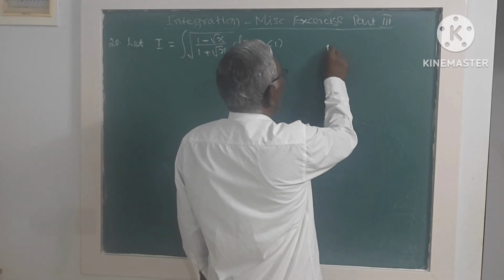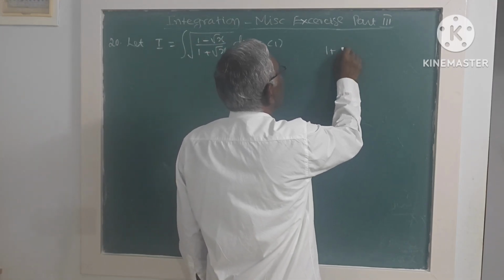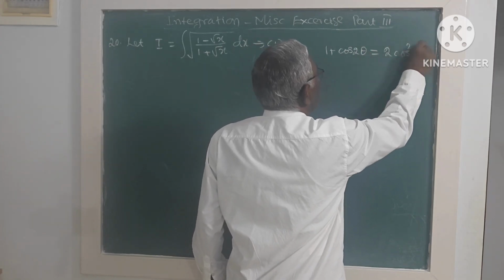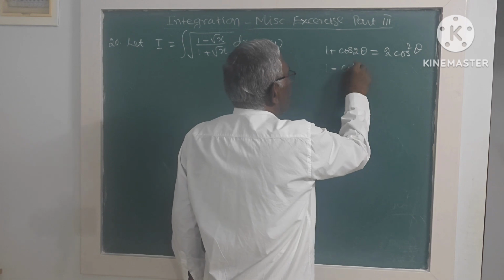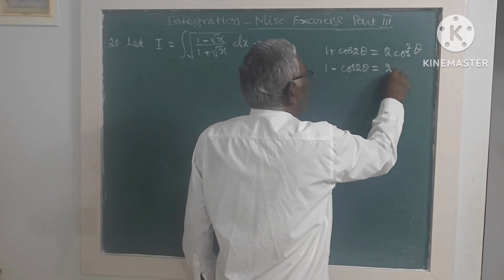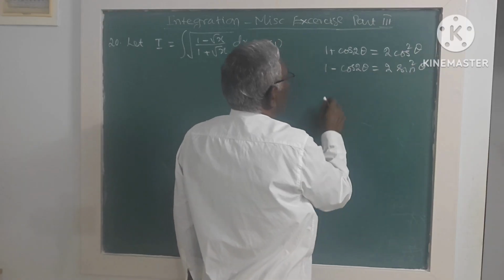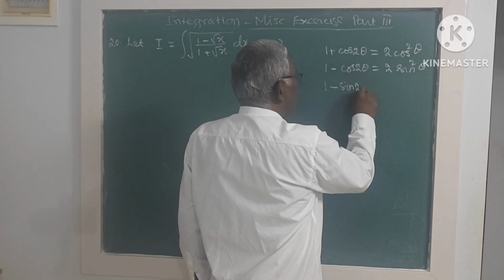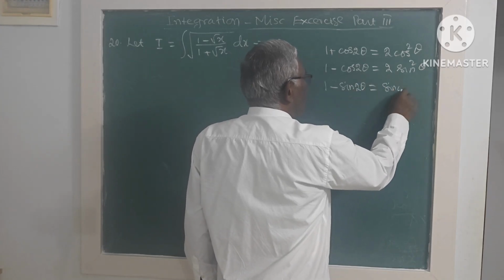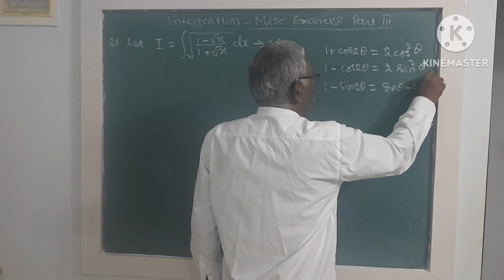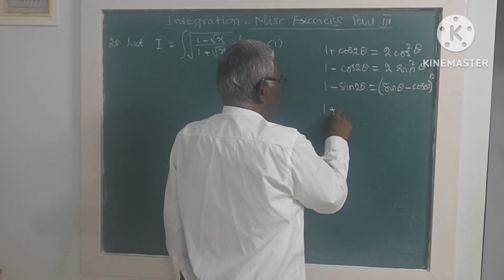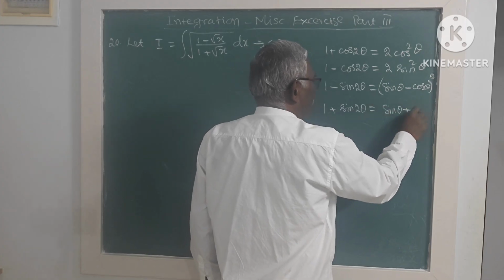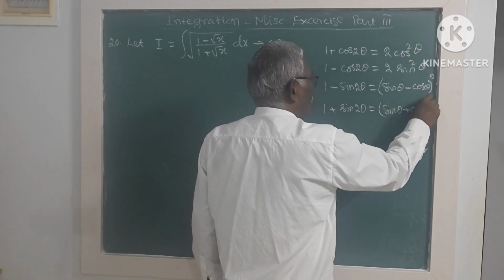We know that 1 plus cos 2 theta is equal to 2 cos square theta. 1 minus cos 2 theta is equal to 2 sin square theta. 1 minus sin 2 theta is equal to sin theta minus cos theta whole square. 1 plus sin 2 theta is equal to sin theta plus cos theta whole square.